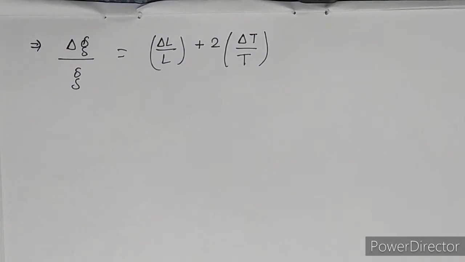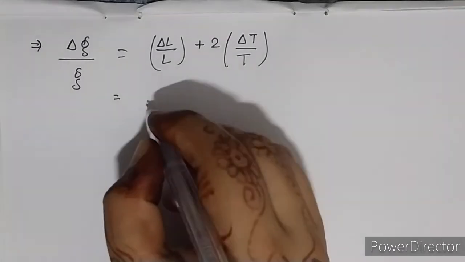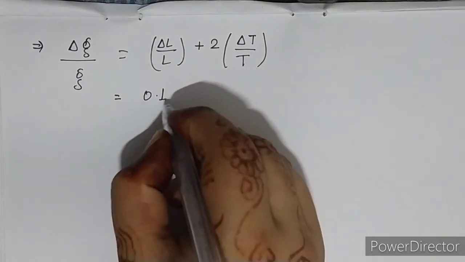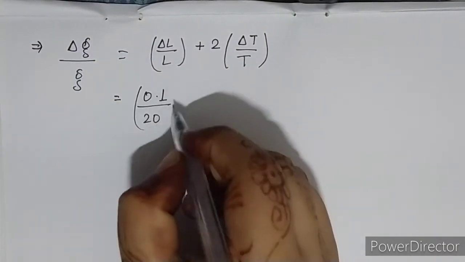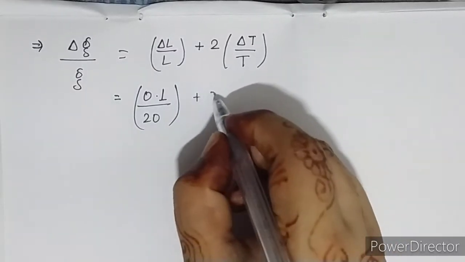Okay, clear? Now in the question, what is given, beta? In the question, the error for the length of measured value of 20 centimeter is 1 millimeter. So to convert the 1 millimeter into a centimeter, it will be 0.1 centimeter for 20 centimeter. So 20 centimeter plus 2.